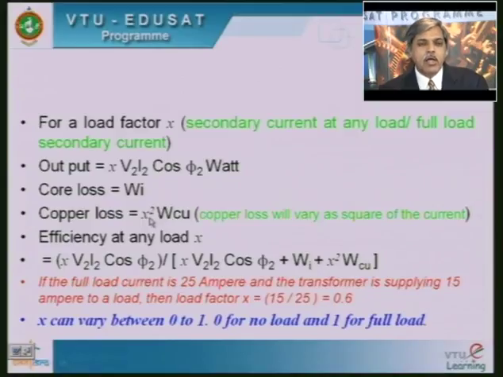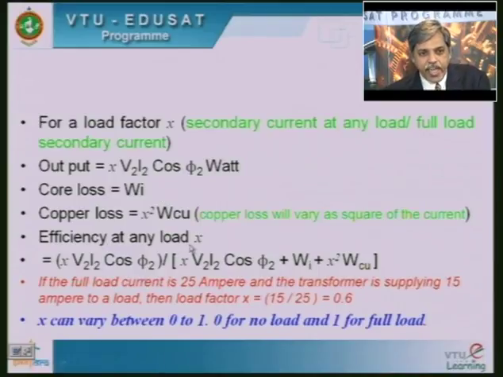If the current is reduced by 0.5, I square R, so 10 amperes will give you 10 square, 100, whereas 5 amperes will give you 5 square, 25, and 25 divided by 100 is 0.25. So when the current decreases by half, the copper loss decreases by 1/4 times, that 1/4 is 1/2 whole square. So when x becomes 1/2, copper loss becomes 1/2 square times the full load copper loss.